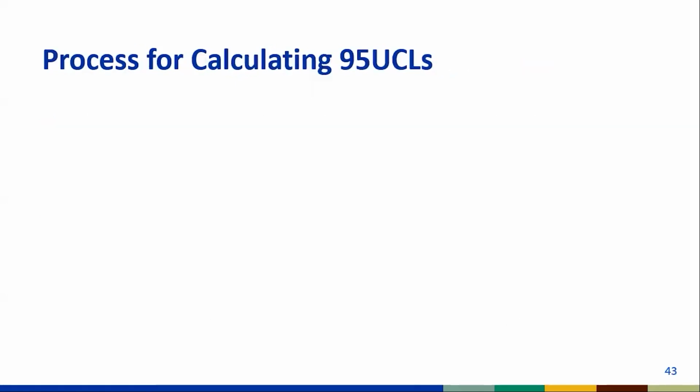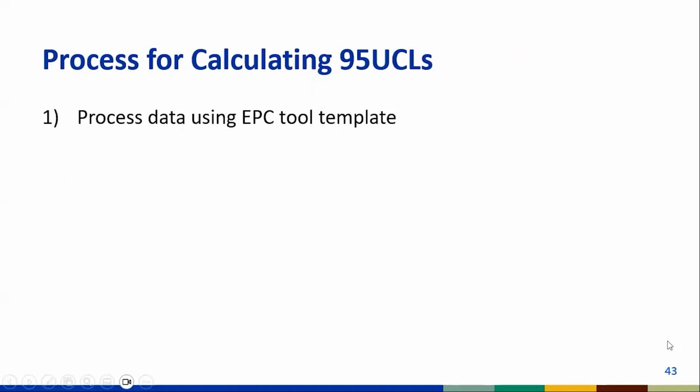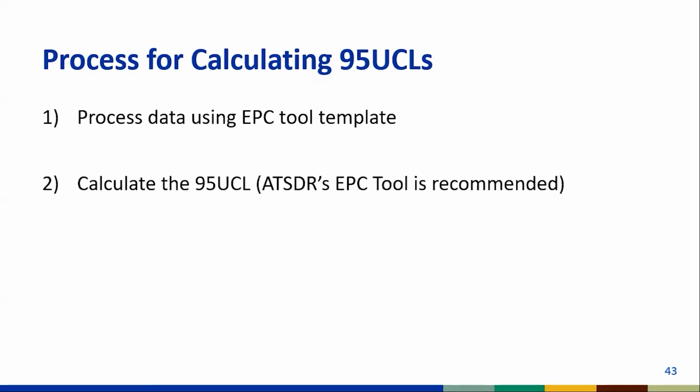The process for calculating 95 UCLs can be broken down into 3 key steps. First, health assessors review and process the data for a specific exposure unit. If using the EPC tool, they enter their data into the EPC tool Excel template. Second, they calculate 95 UCLs for that exposure unit, preferably with ATSDR's EPC tool.